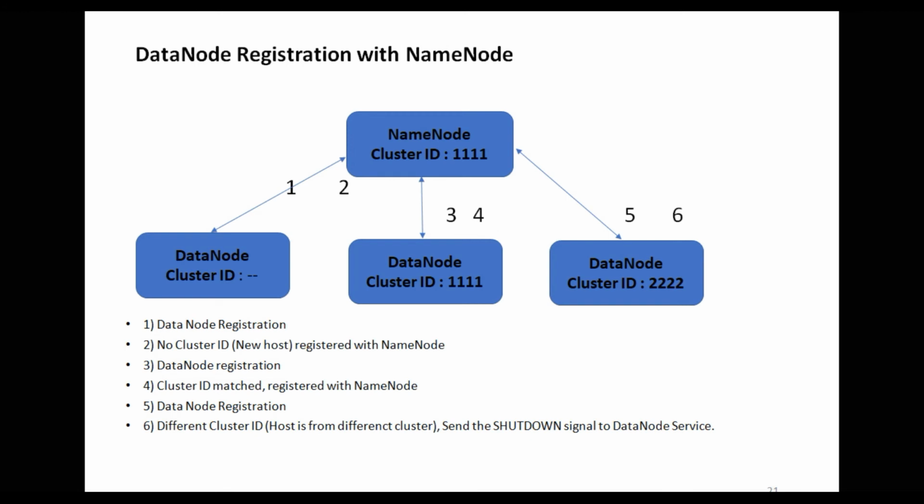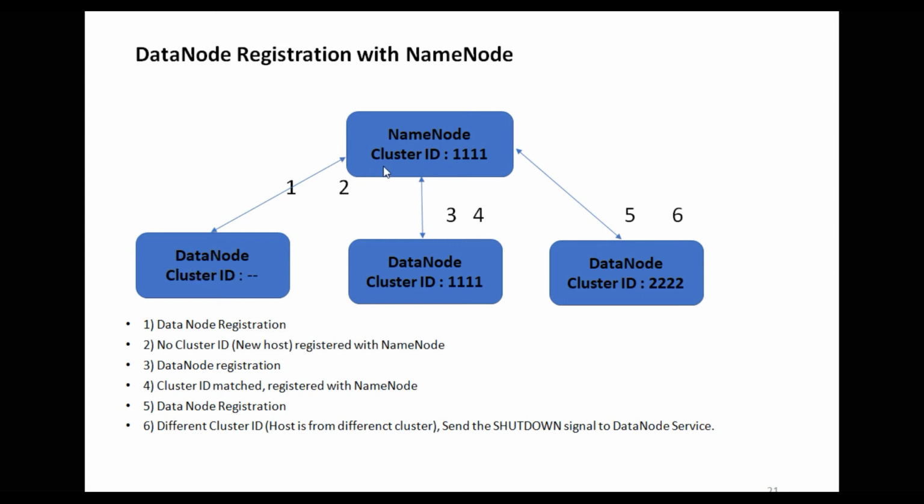So this is the data node registration process with the name node. First, the name node has a cluster ID, which means the namespace ID, for example 11141. A new data node has no cluster ID. When it communicates with the name node, it gets the cluster ID and is registered.